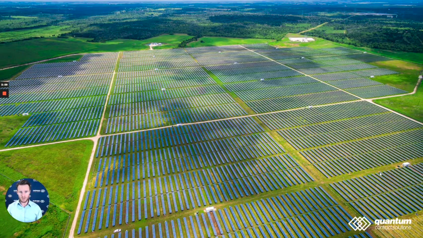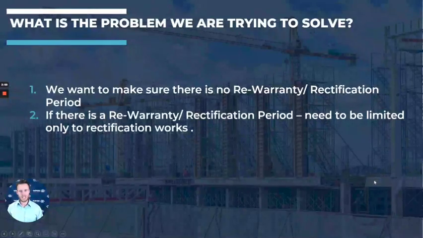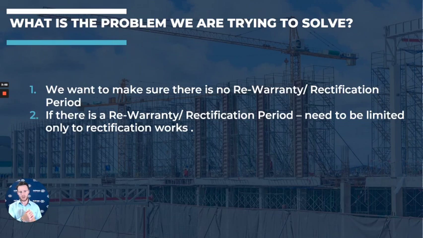So what's the problem that we're trying to solve here? One is we want to make sure that there is no re-warranty and rectification period. We want it to just be 12 months, end of story. And if there is a re-warranty or rectification period, it needs to only be limited to the work that they've rectified. So in the example of the company that came out to rectify the concrete structures, the 12 months additional should only apply to the structures that they fixed.